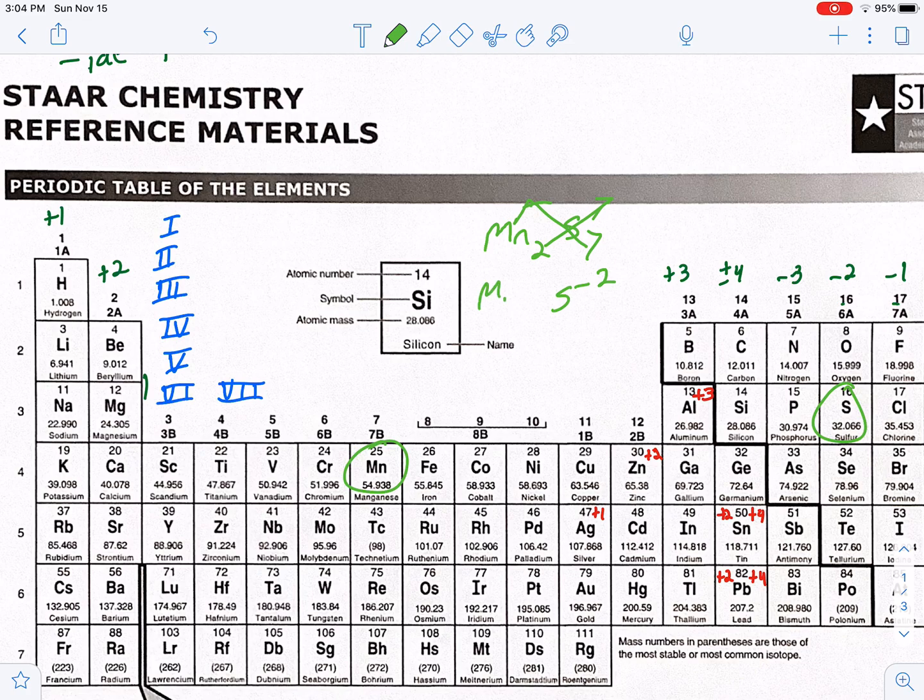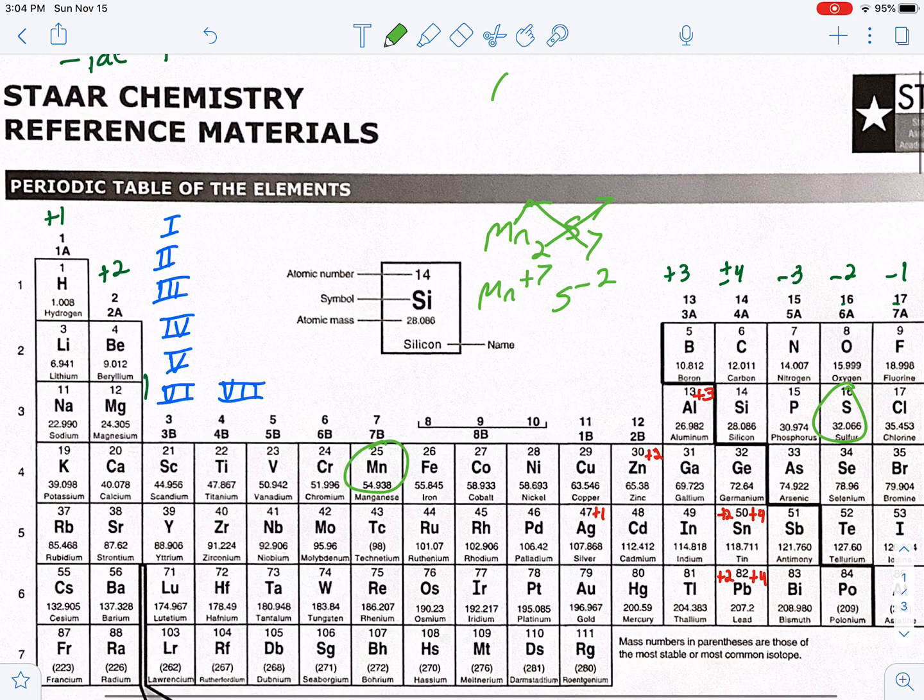That's when the reverse crisscross method works: if your anion matches up, then it works. So that means manganese here has to have a +7. If you did not do the crisscross method, with Mn2S7, I'm going to start with my anion, which is sulfur. I know sulfur has to have a charge of -2, because that's the way it is in the periodic table. So 7 times -2 is -14.